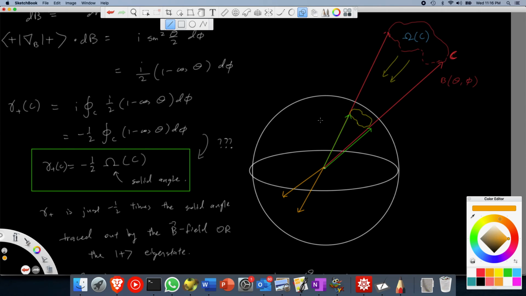So the Bloch sphere really gives us a clear interpretation of how the Berry phase can be represented on the surface of the Bloch sphere. It is the solid angle traced out by the eigenstates.